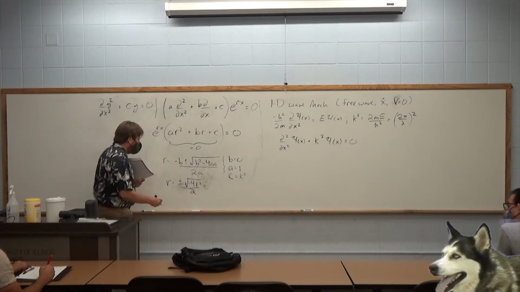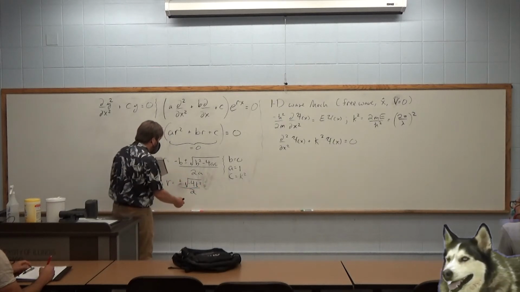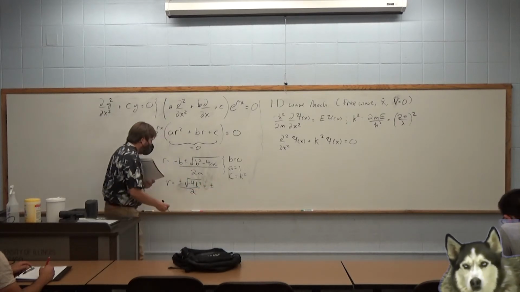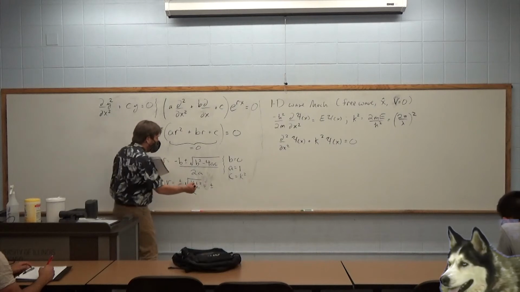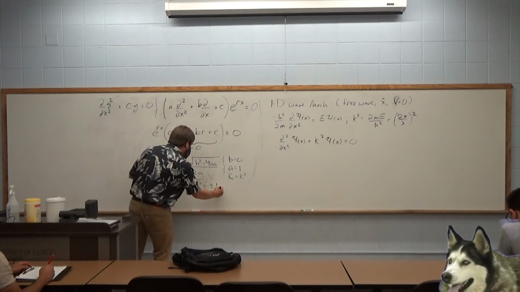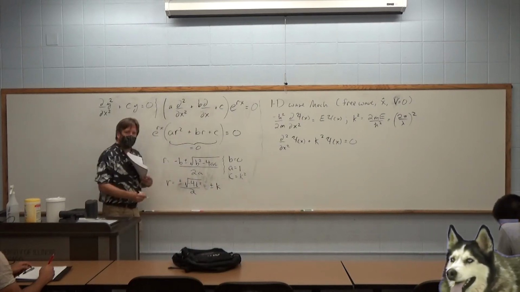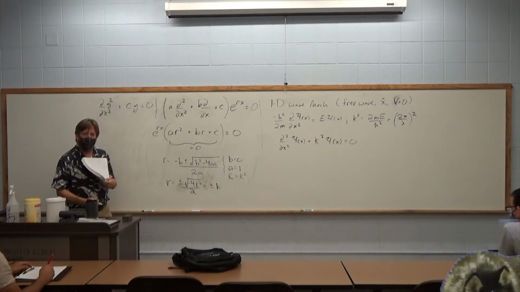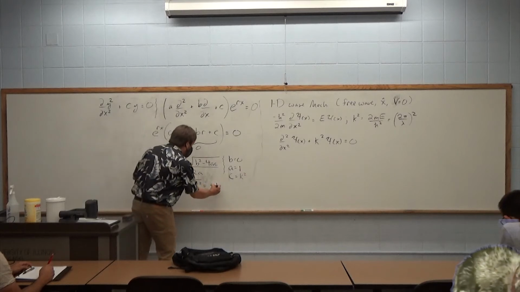The square root of 4 is 2. The square root of k squared is k. Plus or minus k? Is that right? Uh-oh, I got an i.